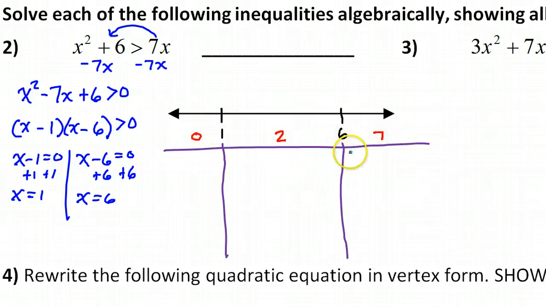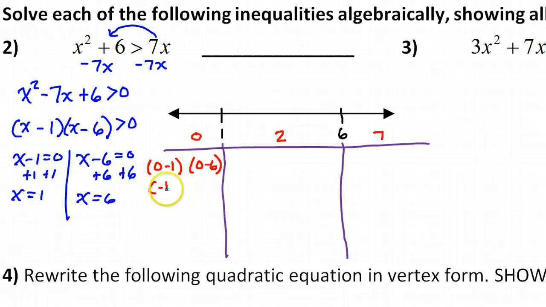I'm going to use the factored form to test these values. If I plug in 0 for these x's, then this is going to become 0 minus 1 times 0 minus 6. But 0 minus 1 is just negative 1 times negative 6.